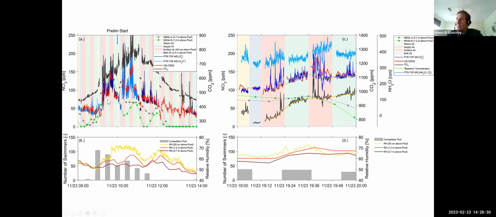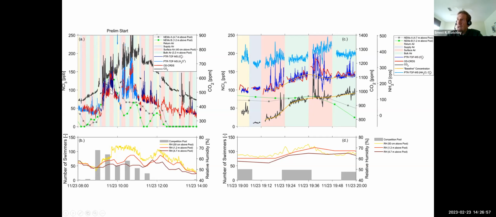So when we switch from this location, 10 feet above the pool, to this location, 1 foot above the pool, basically in the same period of time, we see this pretty substantial shift upward in the concentration. And what that's telling us is that in this period of time, when there were a lot of people who were present in the pool, we see evidence of this bubble effect. Concentration just above the pool surface is higher than it is in the bulk air.